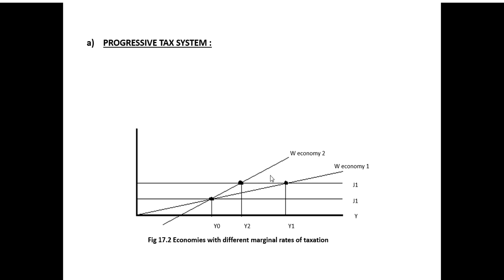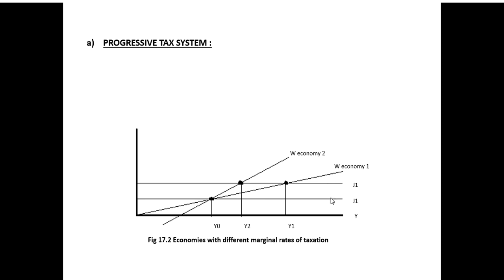A higher percentage of your income will be taken away by the government as a tax. Let's say this is Europe. In Europe, you pay more taxes. The propensity to tax in Europe is more. In America, the propensity to tax in most states is less. So here the taxes will rise with the increase in income, but less steeply. The rise will be less fast.